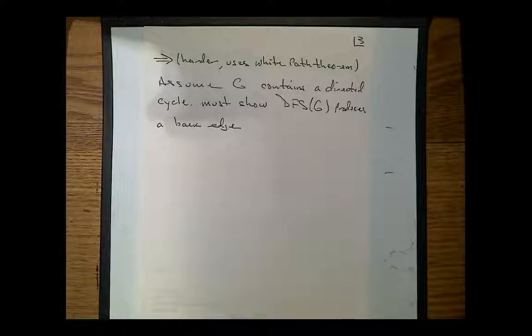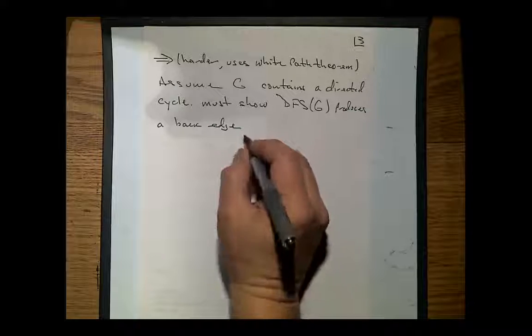Okay. So we have to show the existence of a back edge. And we're going to use the white path theorem, which I stated last time.